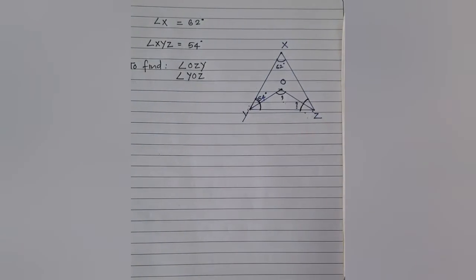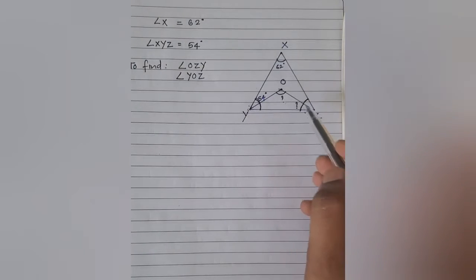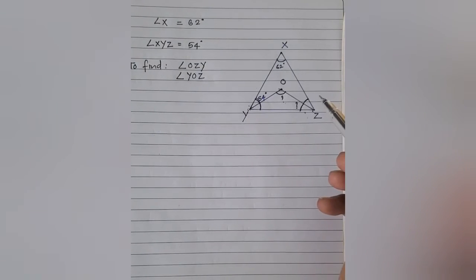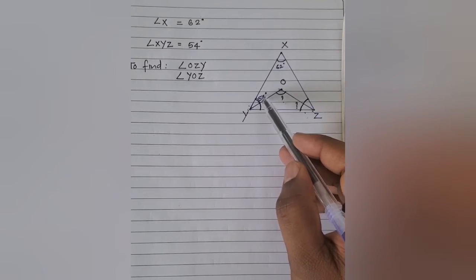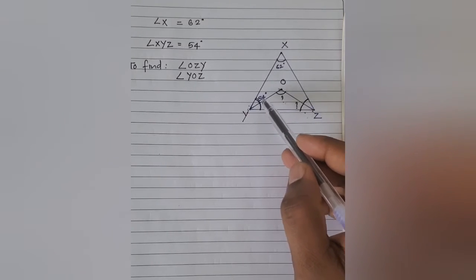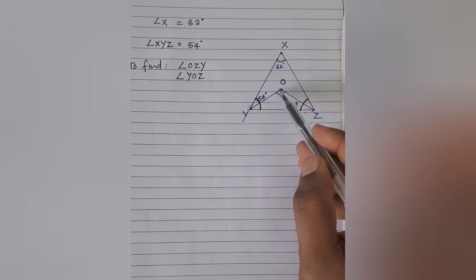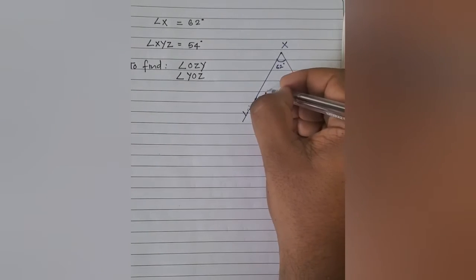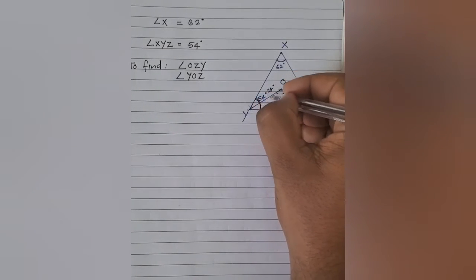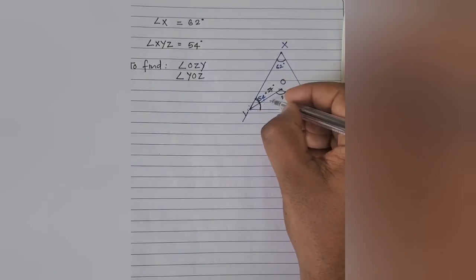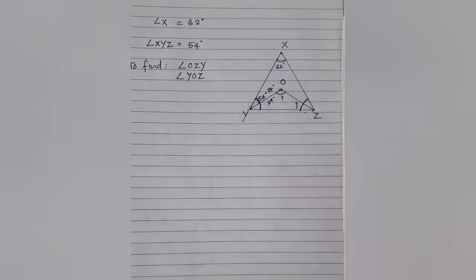What was the other given data? That OY and OZ are bisectors. So that means this 54 gets divided into two parts over here. 54 is for the entire angle Y. So if OY is a bisector, this would be 27 degree, that is half of 54, and this would also be 27 degree. That is the meaning of bisector.